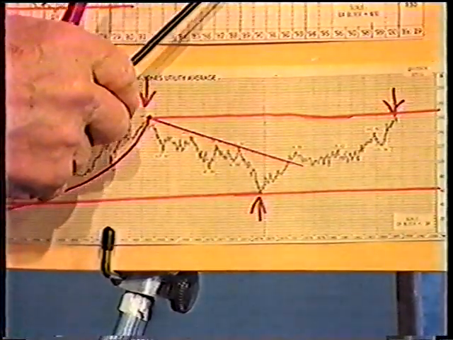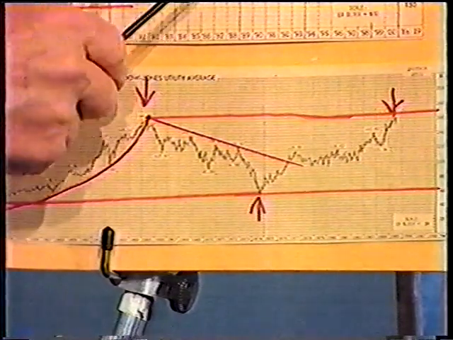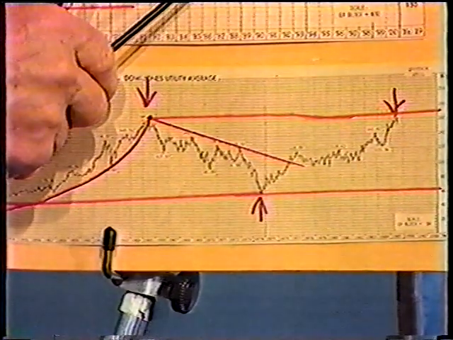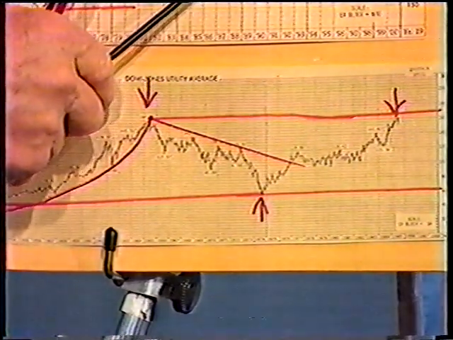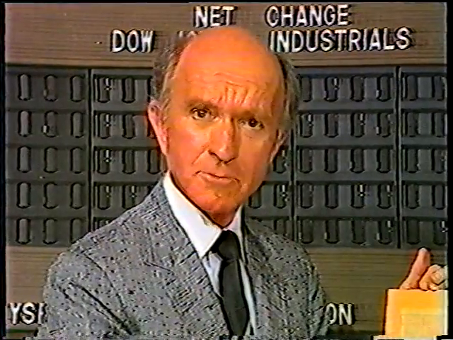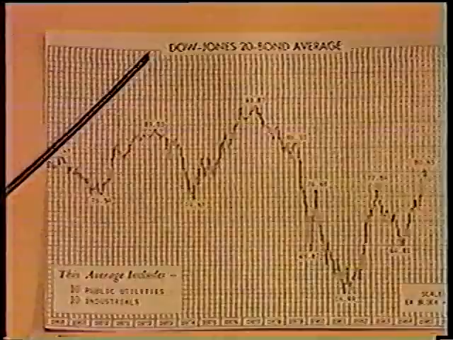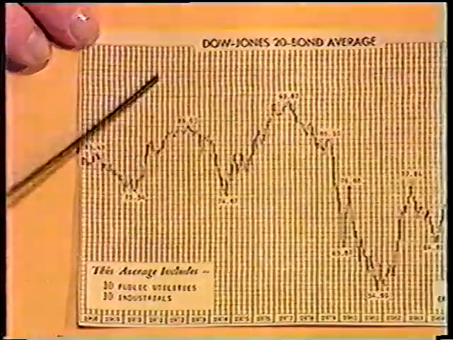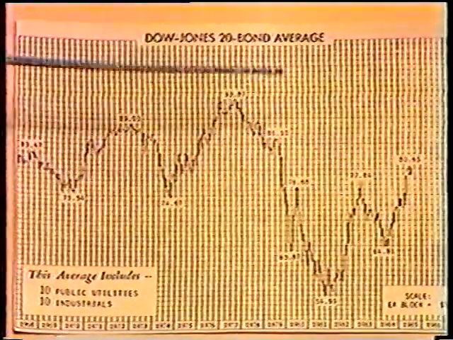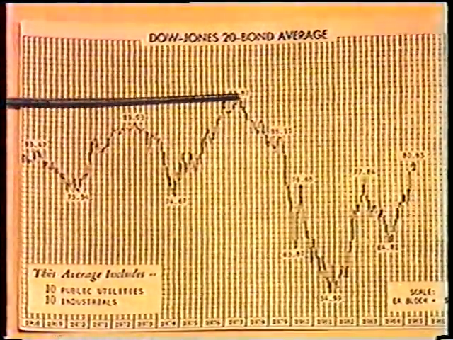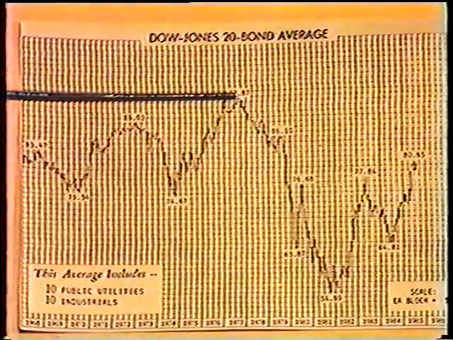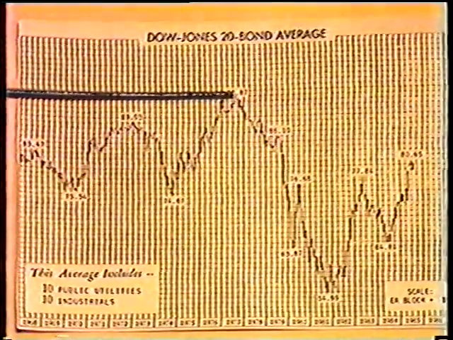Let us view the Dow 20 bond chart, the debt instruments. Up here, please. Well, okay. The Dow 20 bond index seen on this chart from 1968 to the current period of time.